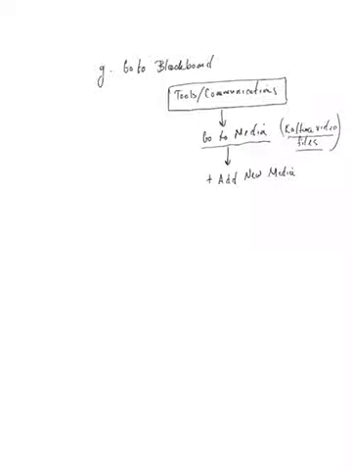And at that point, then you can add that video to this particular course that you're under. So you can actually then, from Kaltura, upload that video to a number of different courses. You just go to that course, go to Tools and Communications, go to Media, and then you'll always see all of your Kaltura video files, and you can select whatever one you want to put into your course.